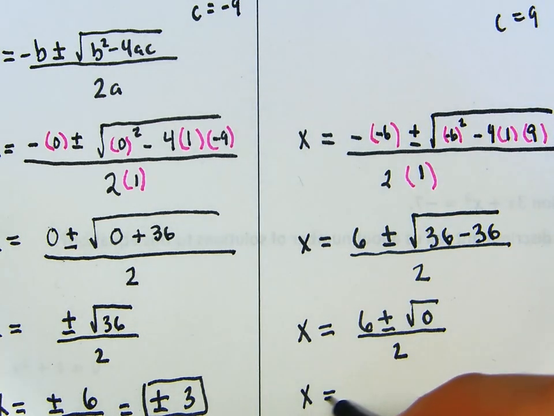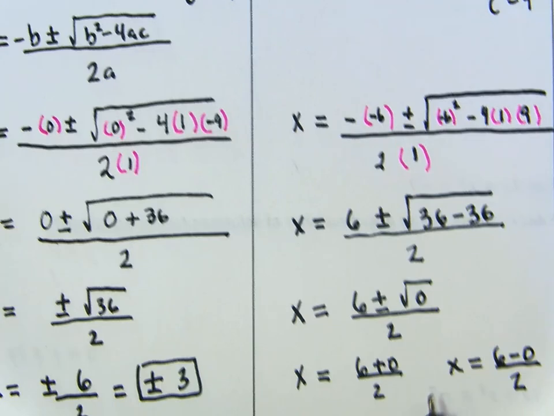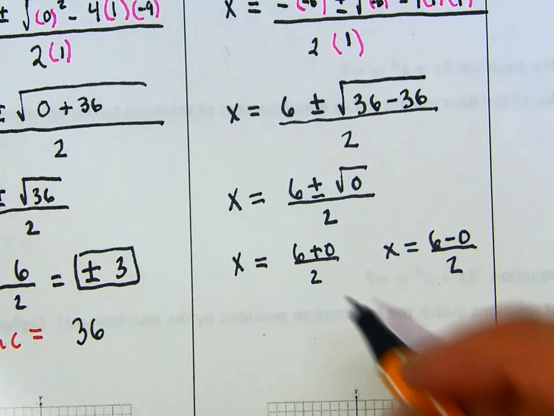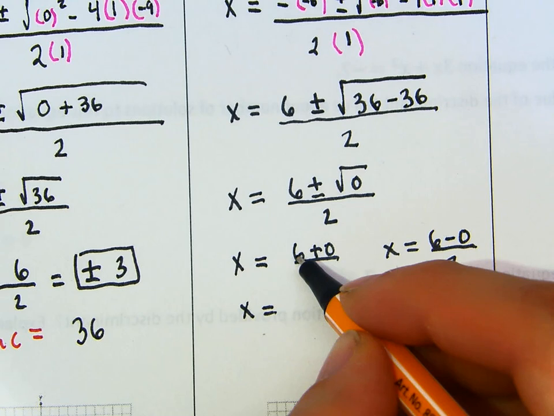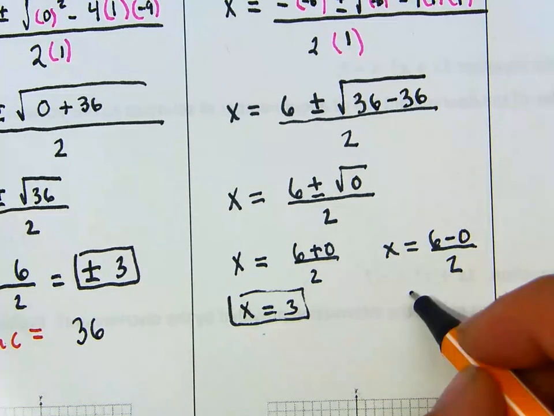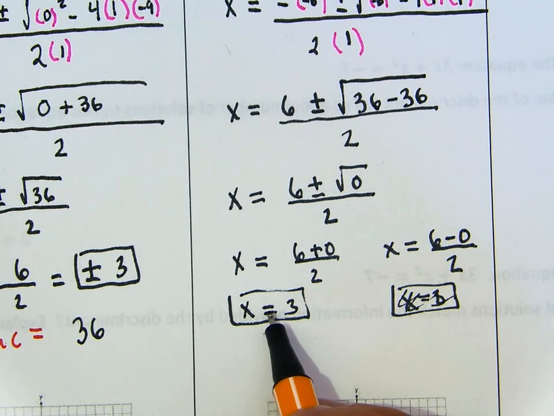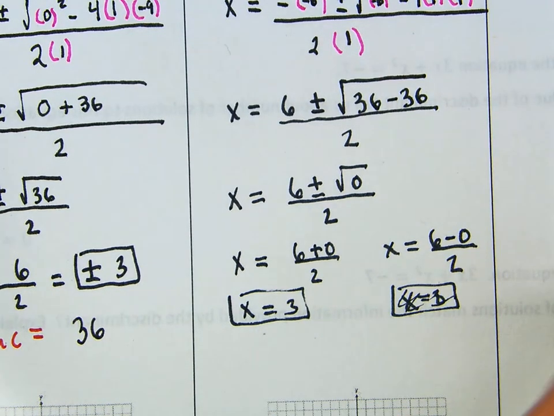So x is equal to 6 plus 0 over 2, and x is equal to 6 minus 0 over 2. But then this just becomes the same thing. Here, x is just equal to 6 plus 0 divided by 2 is 3. And notice you also get 3 here. So it's really the same answer. You only get one solution of 3.